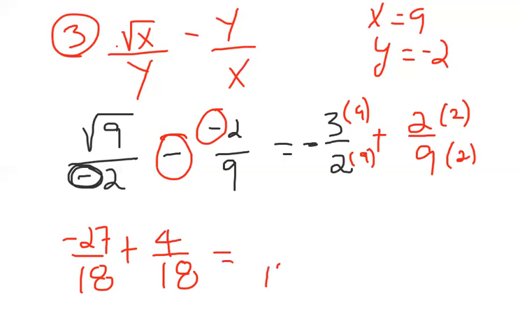We're going to keep the denominator and add the numerators together. So we get negative 23 over 18. Remember, Math Excel doesn't like decimals, so you want to type in the negative 23 over 18. And that's it, okay?